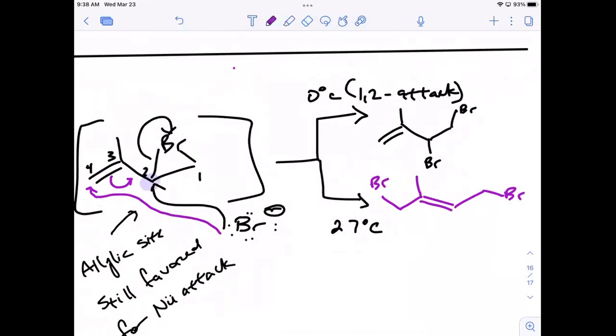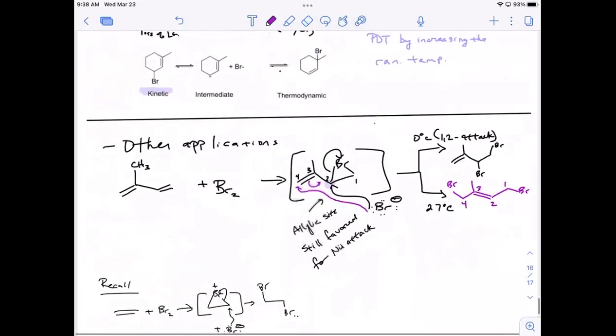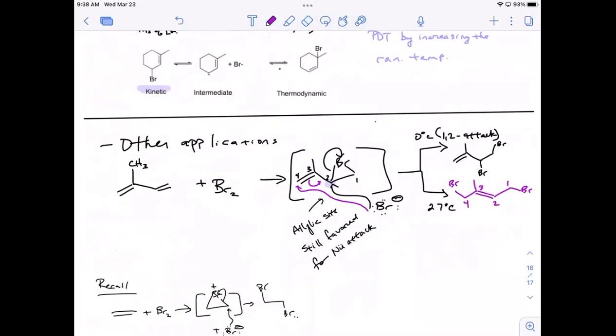And if we number the carbons, we'll see it's the same 1, 2, 3, 4, like that. So you can actually do halogenations on these and get 1,2 and 1,4 products.